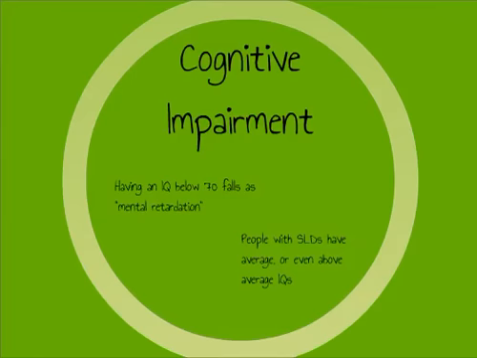It is not cognitive impairment. Students with significant cognitive impairment often fall under the category, not as it is listed here, mental retardation, but the category that's been retermed intellectual disabilities.